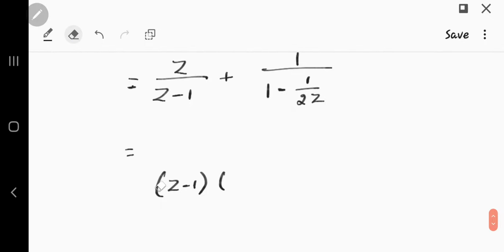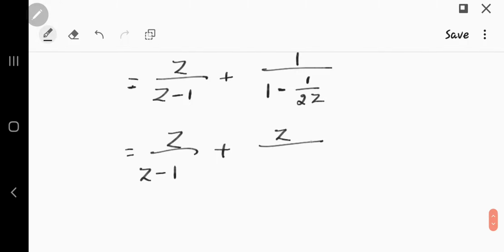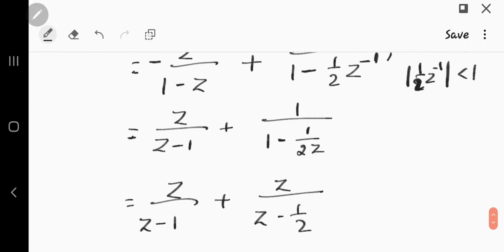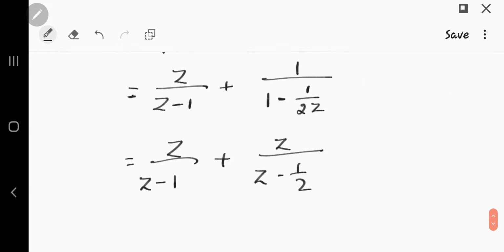Let's try to simplify this. So I'll write the simplified version, z divided by z minus 1 plus here z divided by z minus 1 by 2. Yes, you can write it like this.